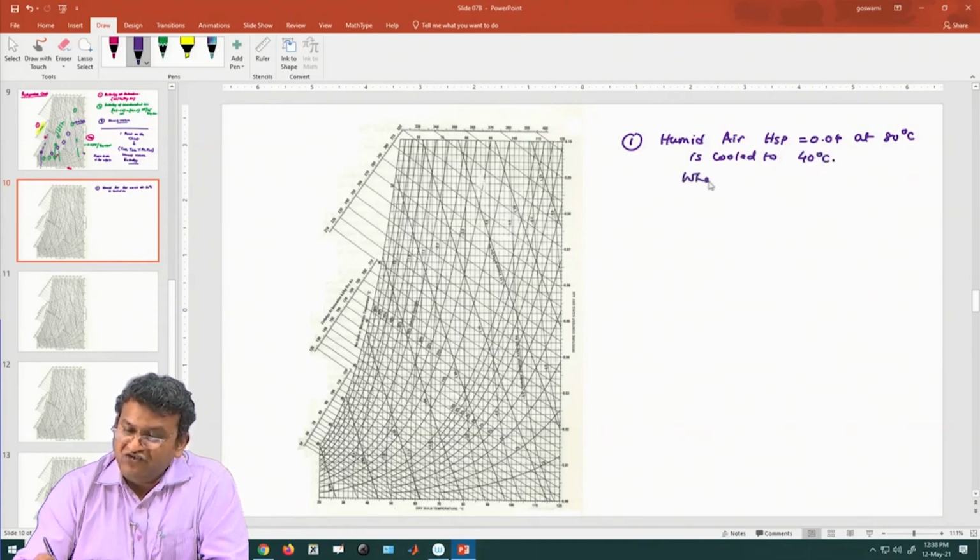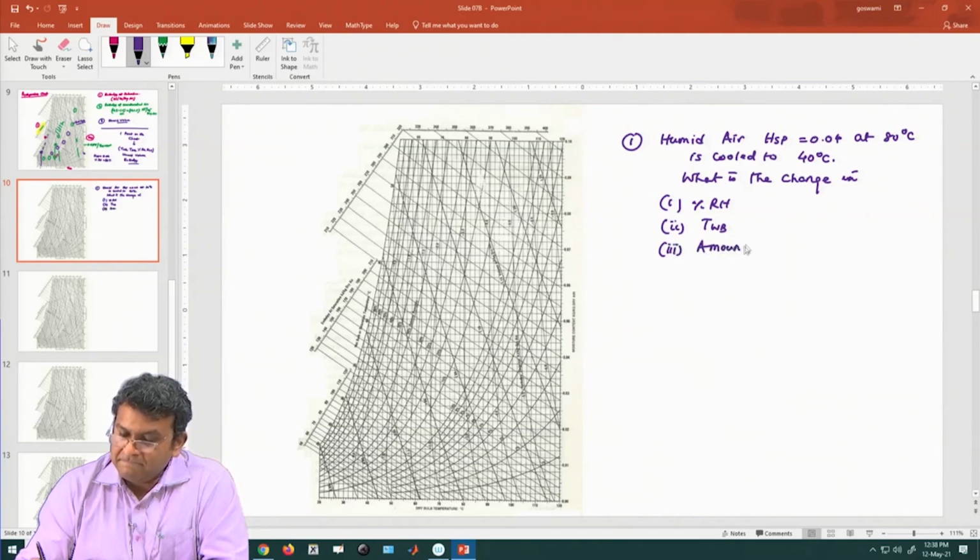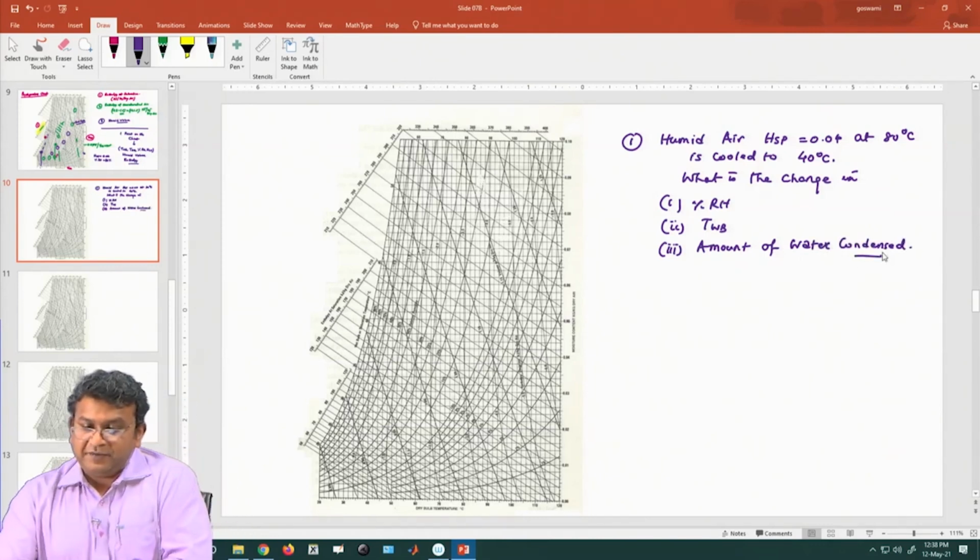What is the change in number 1, percent relative humidity, number 2, wet bulb temperature, number 3, amount of water condensed, right. So, let us see what is specified.